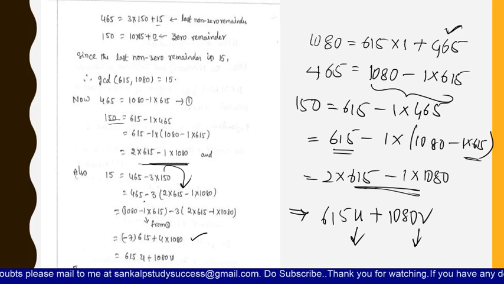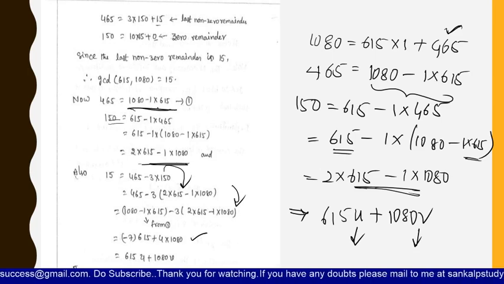So here, how do we solve it? There is a term minus 3 into (2 of 615 minus 1 into 1080), which is the same as written. But 465, how do you write it? Do you have 465 already here?